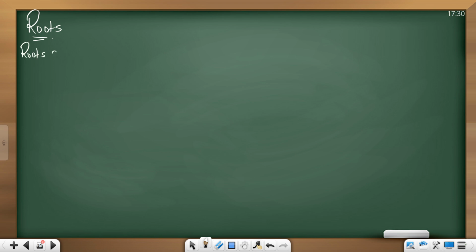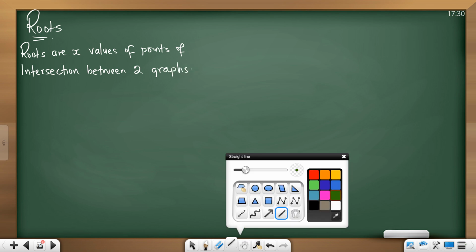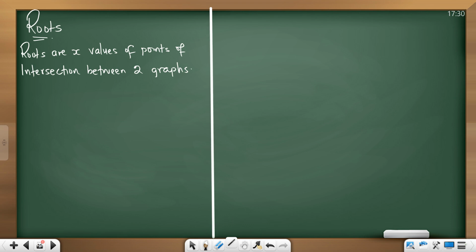Roots are x values of points of intersection between two graphs. Crash course here. x values of the point of intersection between two graphs.